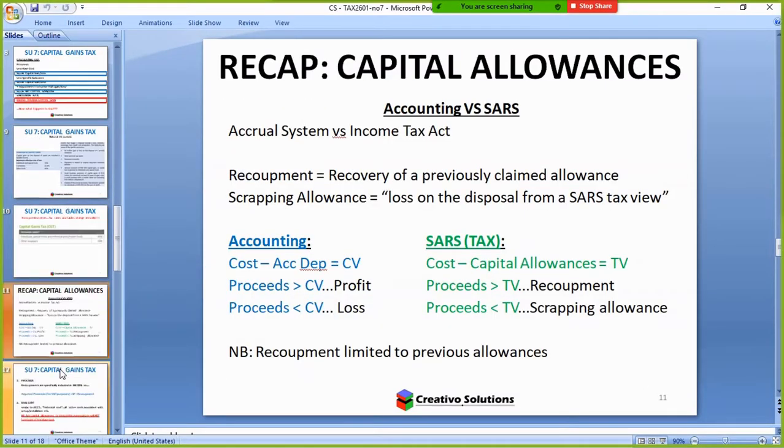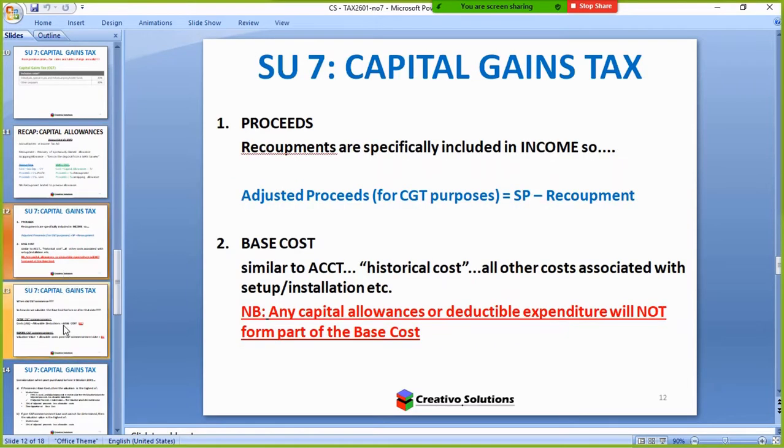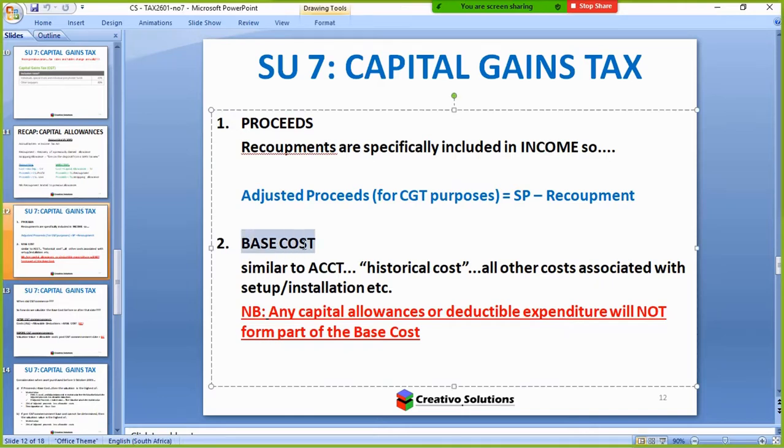Let me show you this. Base costs: any capital allowance or deductible expenditure will not form part of the base costs. Do you see that? So how many capital allowances did we get? 70. Do you agree? Yes. So the base cost is 100 minus 70, which is 30.